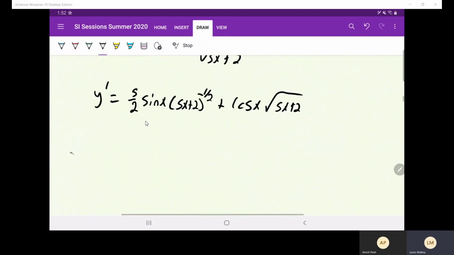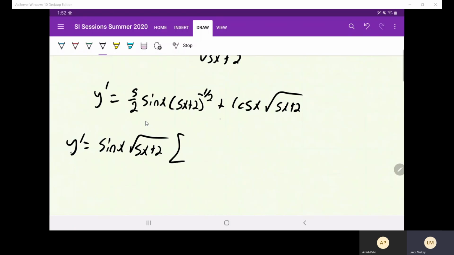What he did is he pulled out a sin x and a square root of 5x plus 2. And you pull out a sin x that equals 1. You pull out a 5x plus 2. You're subtracting 1/2 from this. So you get a 5 over 2 times 5x plus 2 to the negative 1 plus, and you pull out a sin x from here, you get cosine x over sine x. And you pull out a square root of 5x over 2, you get nothing.